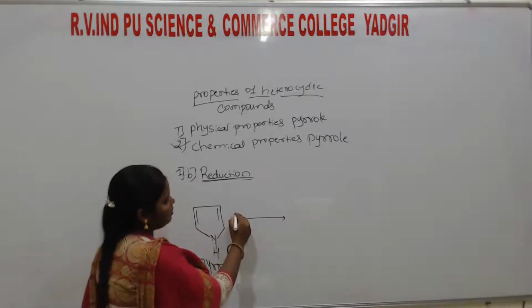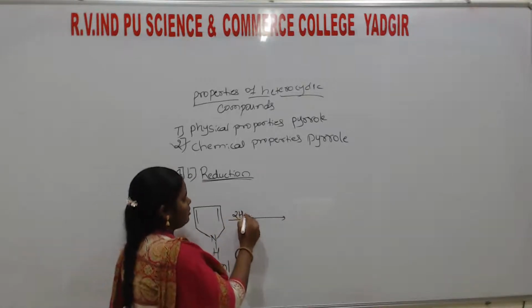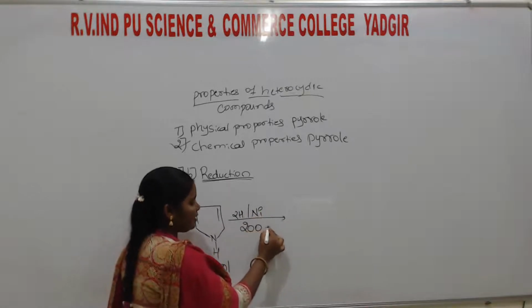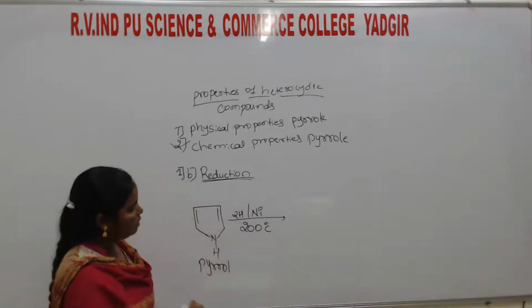Here, nickel as a catalyst, heated at 200 degrees Celsius, to form pyrrolidine.